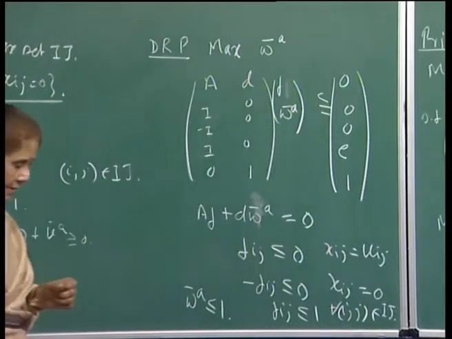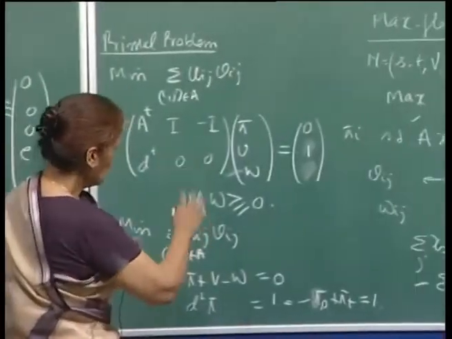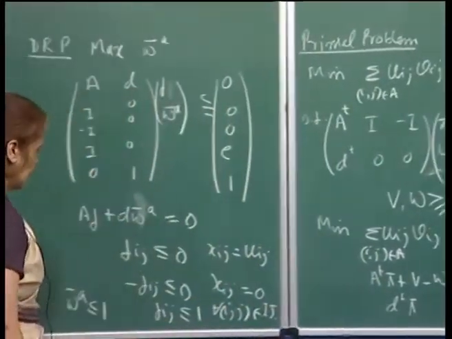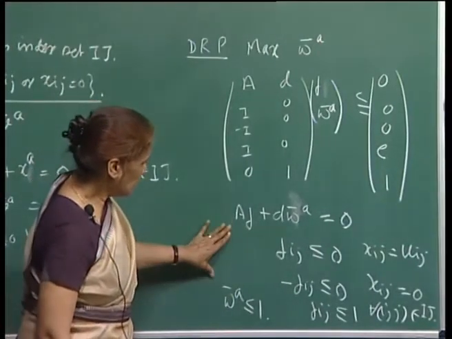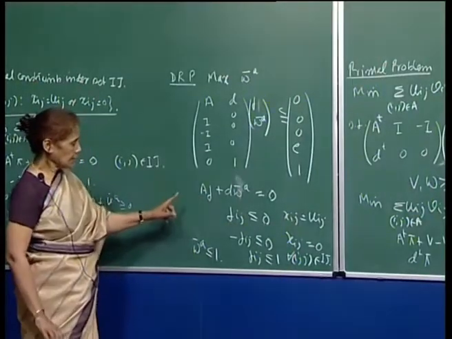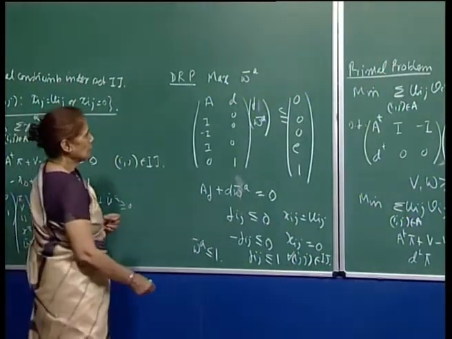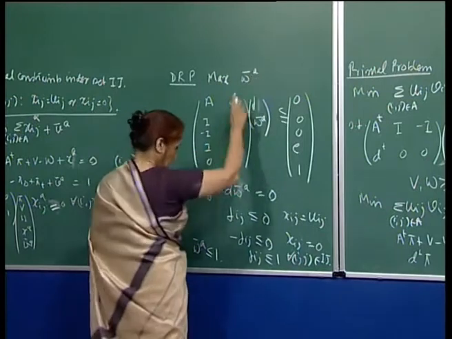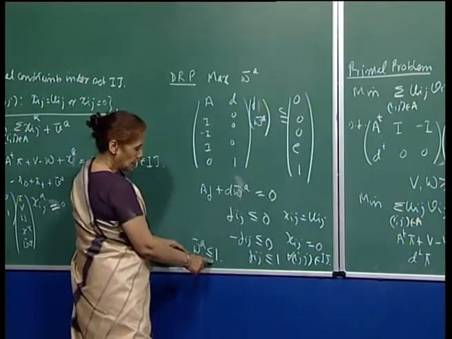See, what I will suggest is that you sit down and go through all this formulation very carefully, right. So, finally, this is the dual of the restricted primal, and see what is happening here. You are saying maximize W bar A, W bar A is less than or equal to 1.